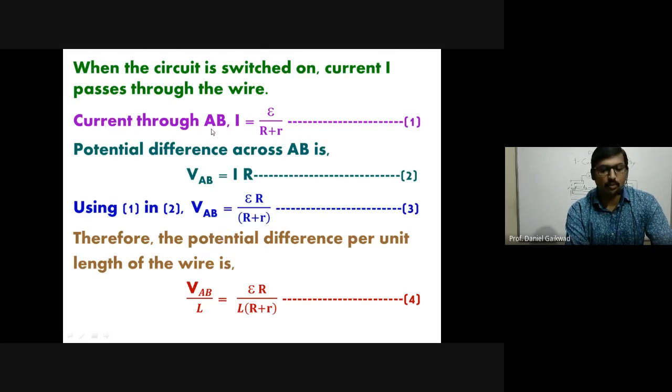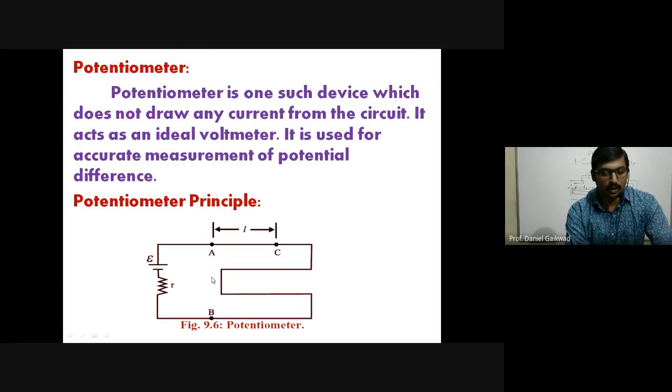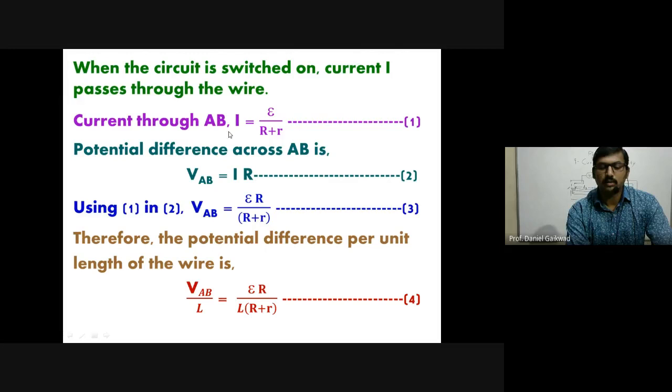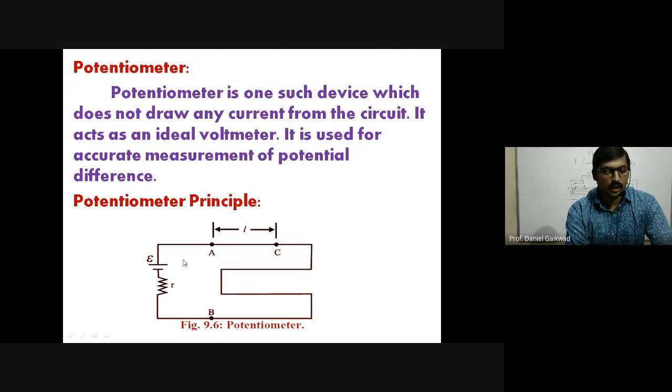How much current is flowing from A to B in this segment we can find by the simple formula: current I is equal to the EMF E divided by resistance. There are two parts of resistance: the wire from A to B having resistance R, and there is small r resistance.